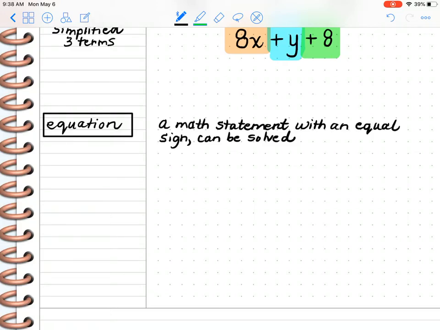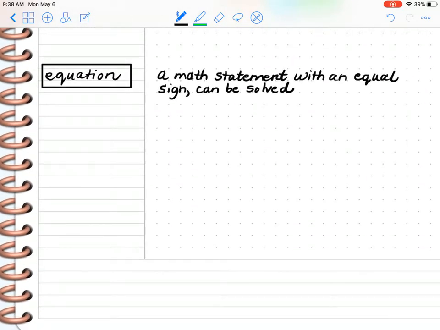Okay, so let me show you an example of an equation. I've actually shown you some of these before. We just weren't calling them equations per se. But let's take the equation x plus 5 equals, there's the equal sign.